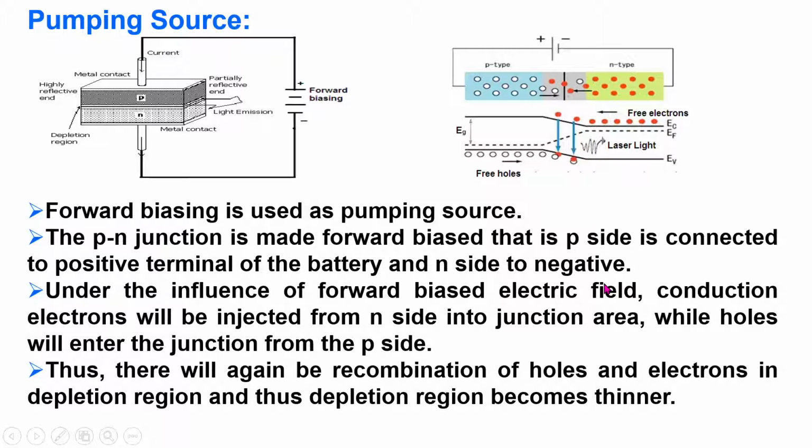The PN junction is forward biased, so that the P side is connected to the positive terminal of the battery and the N side is connected to the negative terminal of the battery.